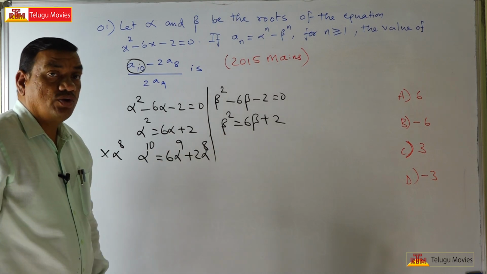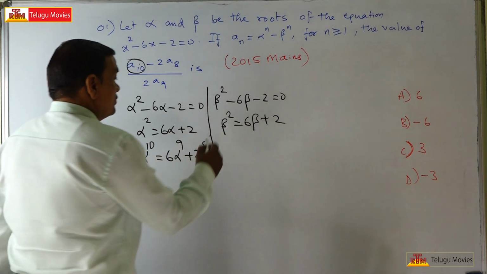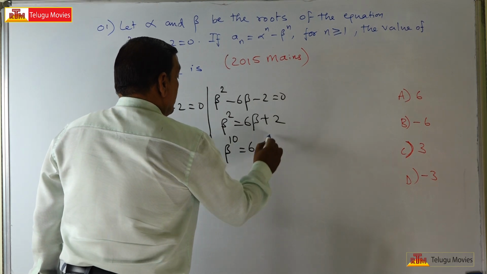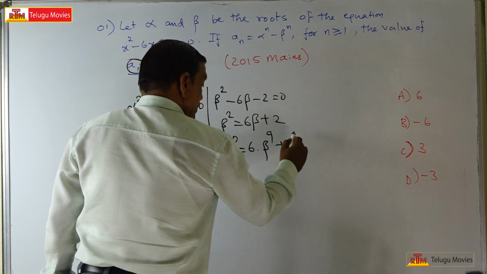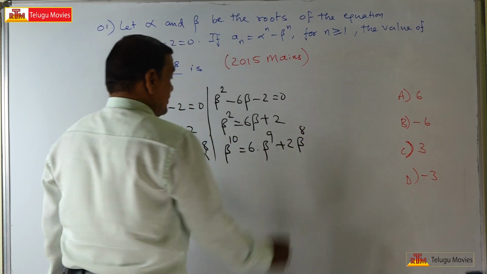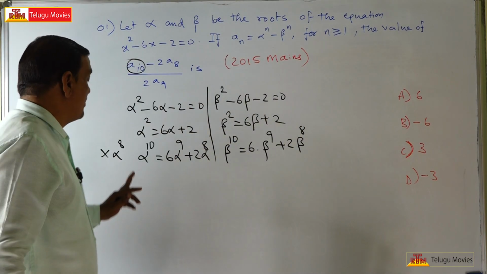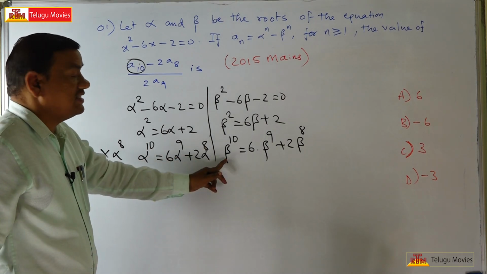For this, also multiply with beta power 8, so beta power 10 is equal to 6 into beta power 9 plus 2 into beta power 8. Now subtract alpha power 10 minus beta power 10.